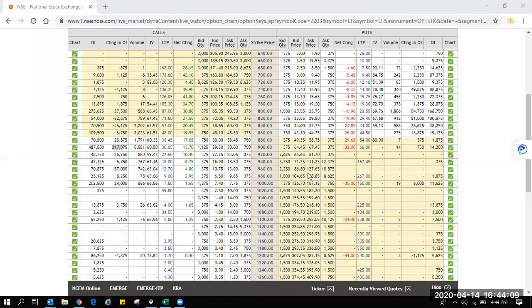You can do future with an option, but you need to be very precise at what rate, what option you are selecting. A strategy should be there to take a trade. If you don't have a strategy, a system, or a setup, don't take a trade blindly. So I suggest you should develop one strategy and then trade.